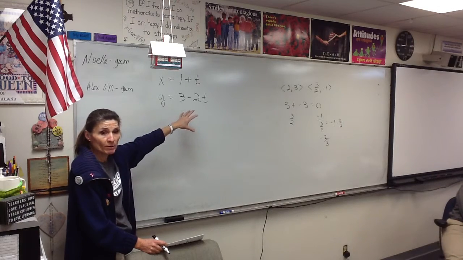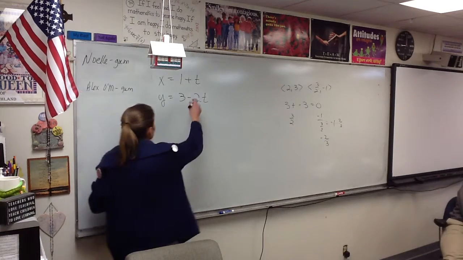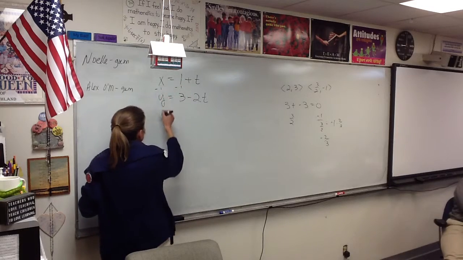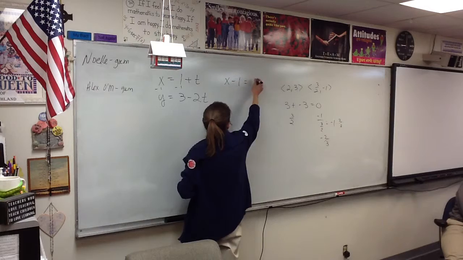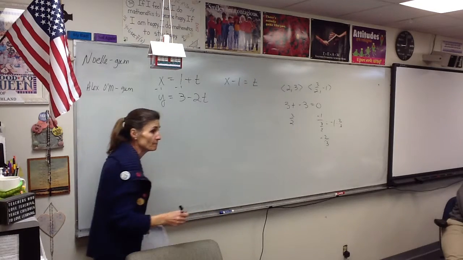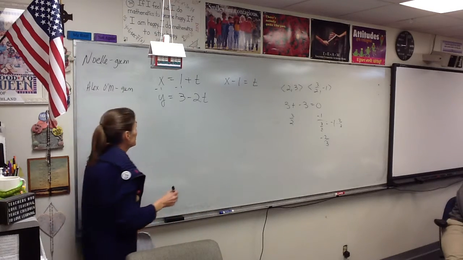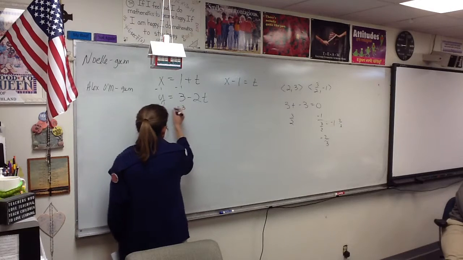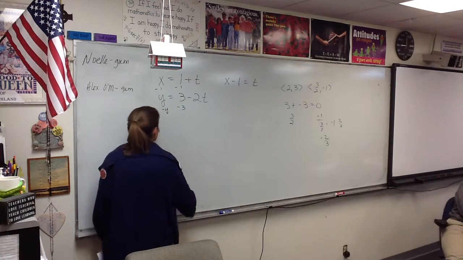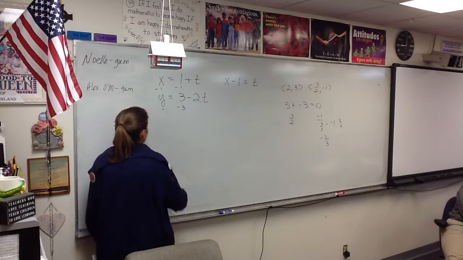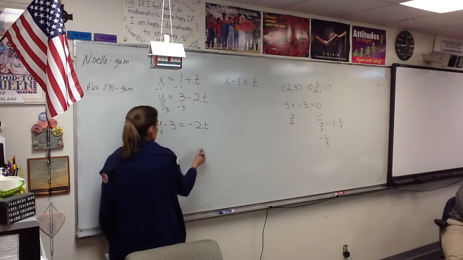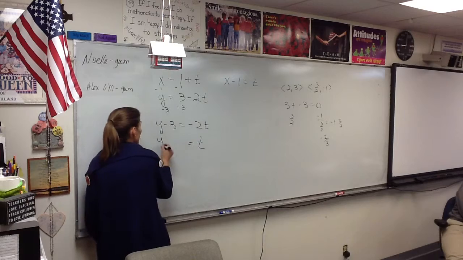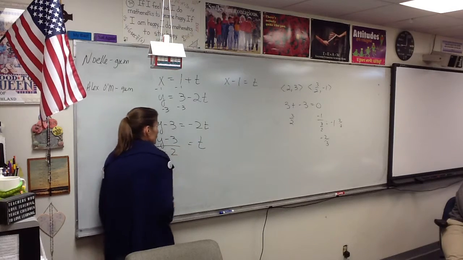T is the parameter. So in this equation, if I get t by itself, that becomes x minus 1 equals t. Would you agree with that? Yes, ma'am. This one, if I get t by itself, I'll have y minus 3 equals negative 2t, so t equals y minus 3 over negative 2.